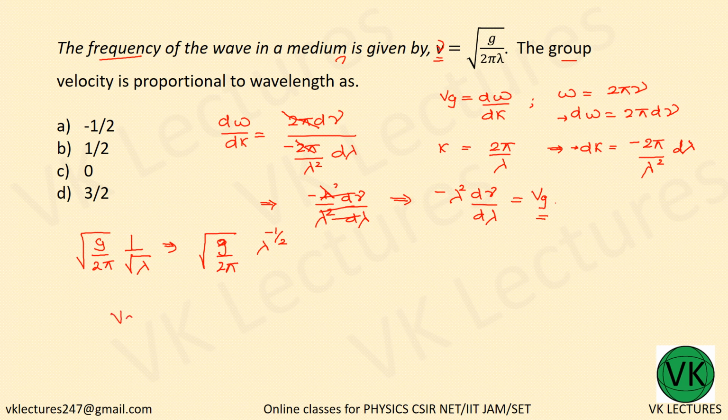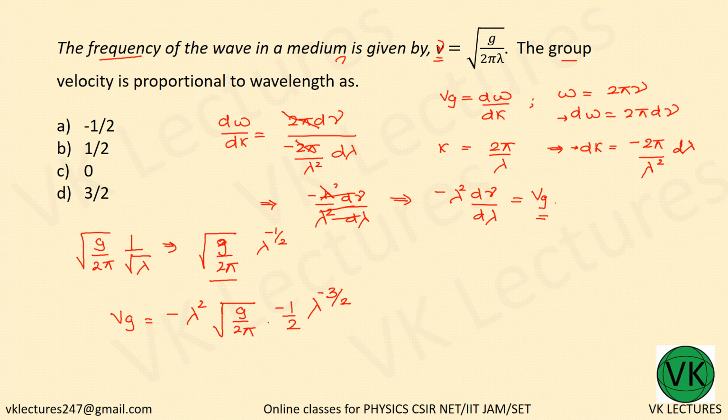Now Vg is equal to minus lambda square. Now we need d nu by d lambda. The constant you can write as it is, g divided by 2 pi, into minus 1 by 2 lambda to the power minus 3 by 2.